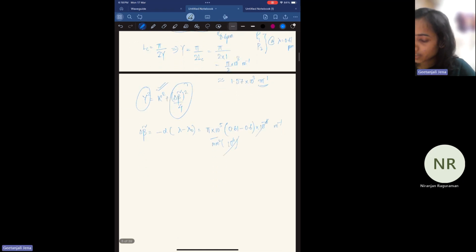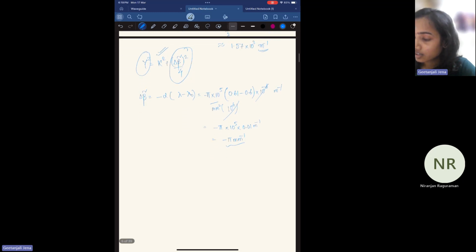What we have now is minus 5 into 10 to the 5 times 0.01 meter inverse. This will give minus 5 millimeter inverse. Okay, so we calculated the value of delta beta tilde.